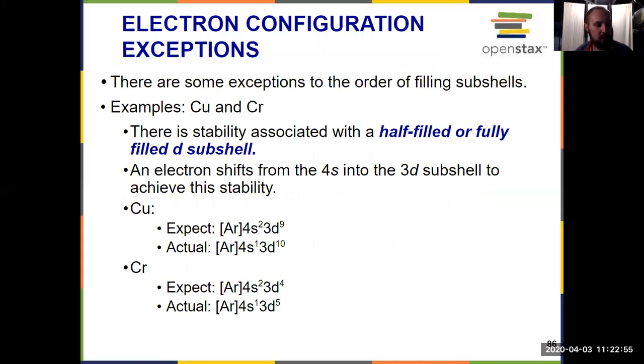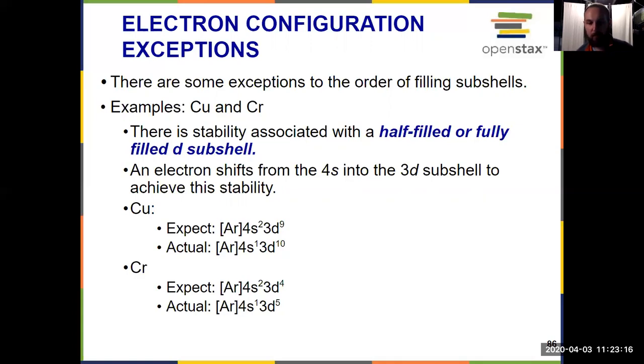That's because there's some stability, meaning lower in energy, associated with having a subshell that's exactly 50% half filled or completely 100% filled. So we sometimes see some electrons moving around to help achieve that stability.